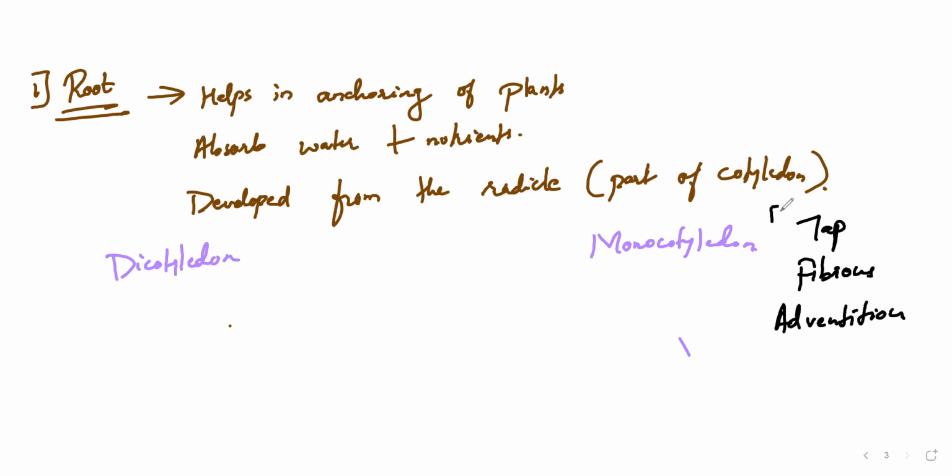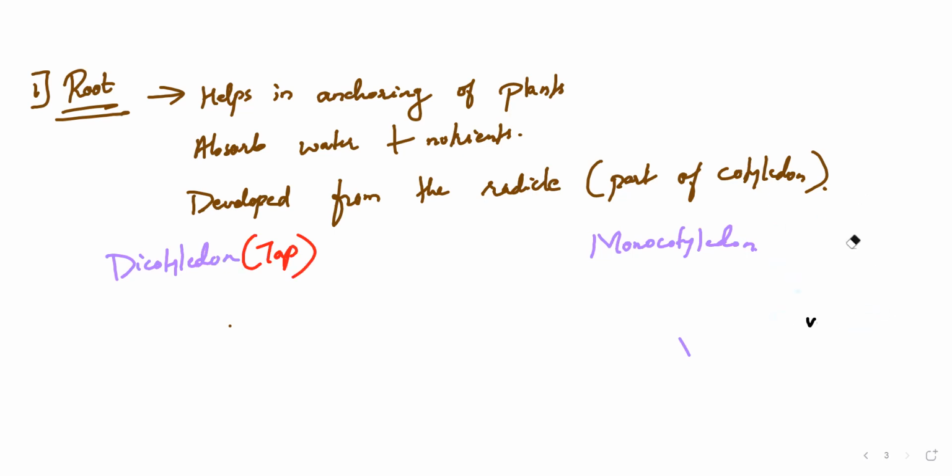So these are what the three basic root systems which are present in plants. So now which of the one is present in dicotyledon and monocotyledon? So when you consider the dicotyledon, here the root system which is present is taproot. So here it is the taproot and here it is fibrous root.